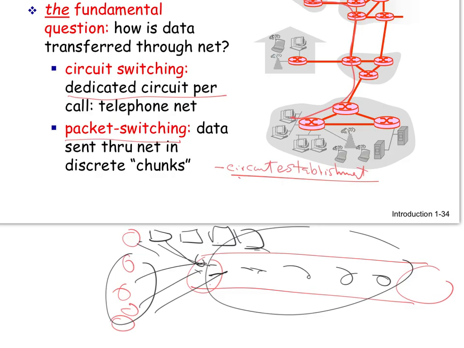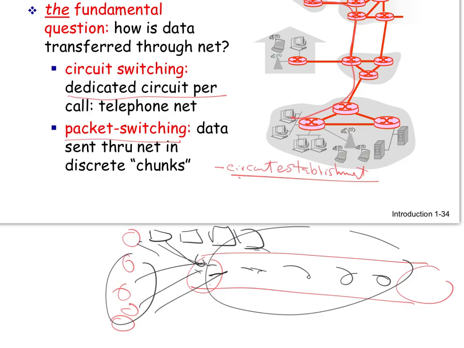I cannot guarantee the performance. That's why on the internet nowadays, the IP or most of the routers provide a service called best effort. So I will do my best to transfer the packet, but I cannot guarantee 100% they will be delivered. So they may take different routes, they may get lost, they may go into circles in the network. Okay? All scenarios are possible.